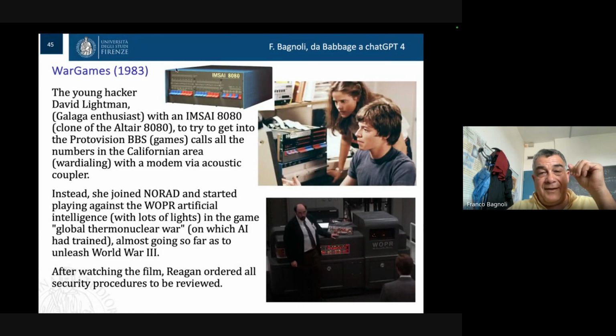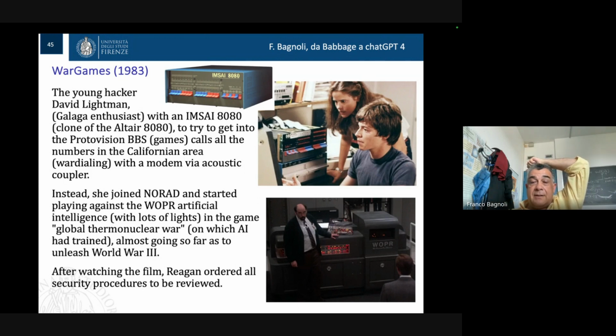I don't know if it was really connected to what was shown in the movie, but essentially the player in this movie used, fictionally, this clone of the Altair connected with a modem to scan all numbers of BBSs or telephone numbers, looking for a BBS from which games could be downloaded.